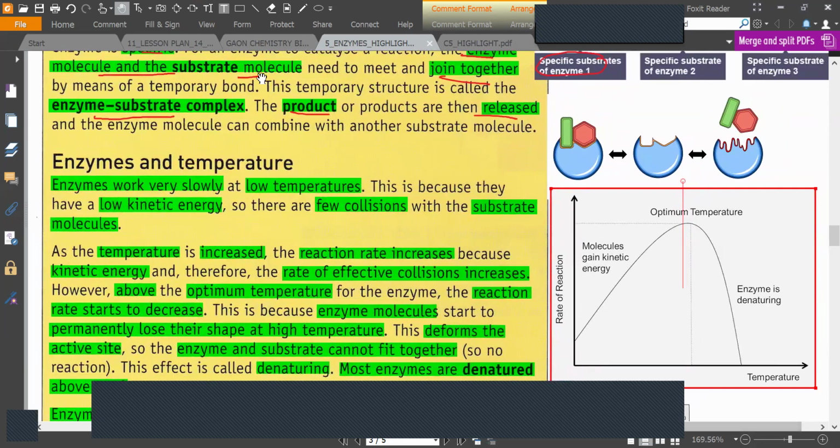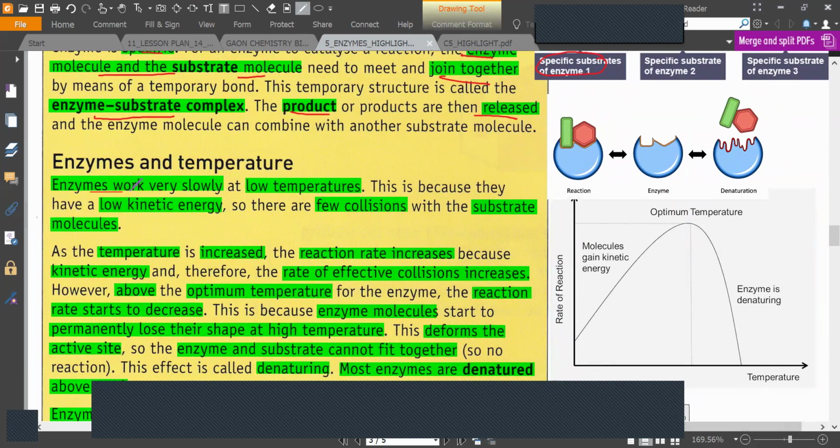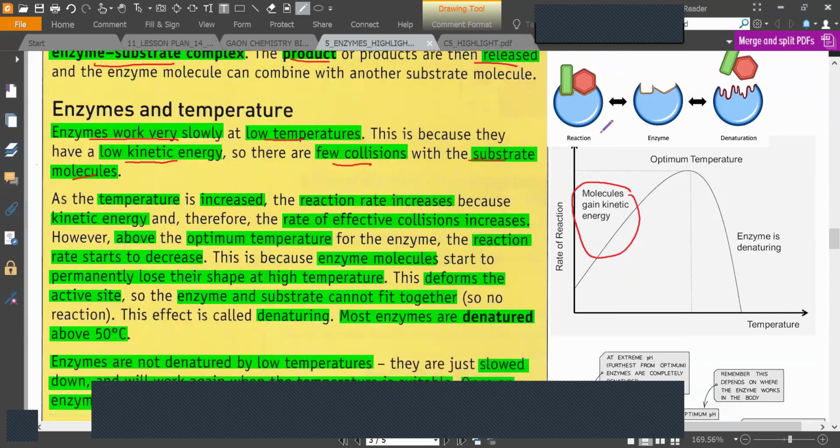So basically, enzymes work very slowly at low temperature. At low temperature they work very slowly because they have low kinetic energy and there are few collisions with the substrate molecules. So they don't meet the substrate molecules, and the reaction is slow.